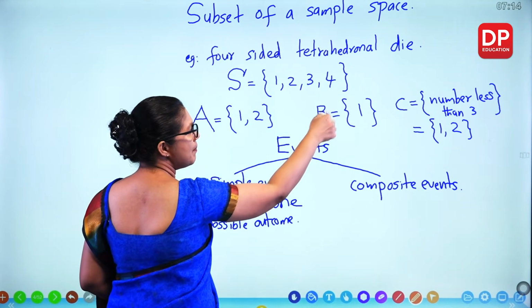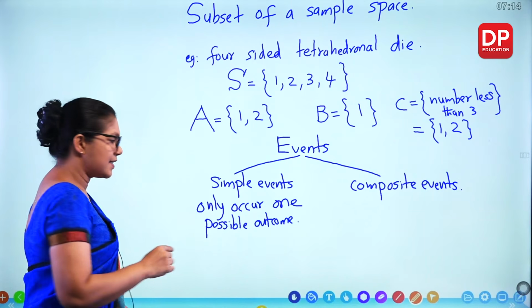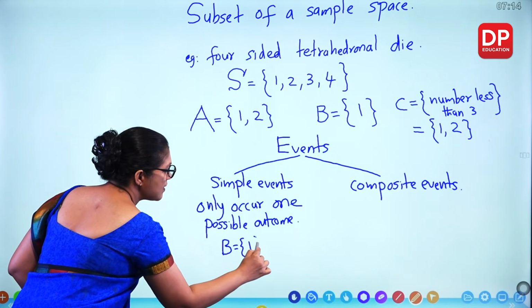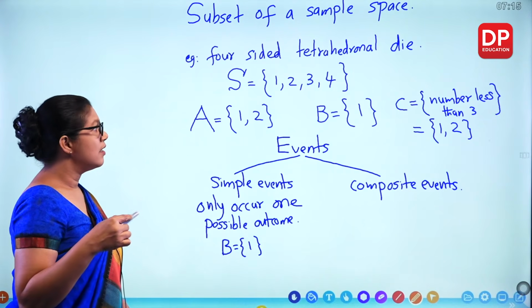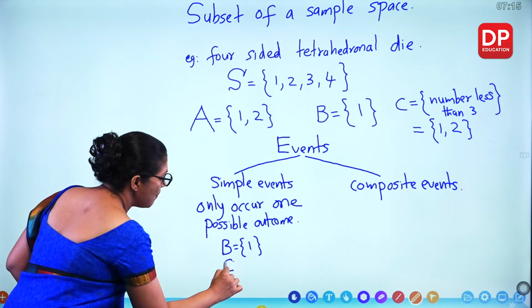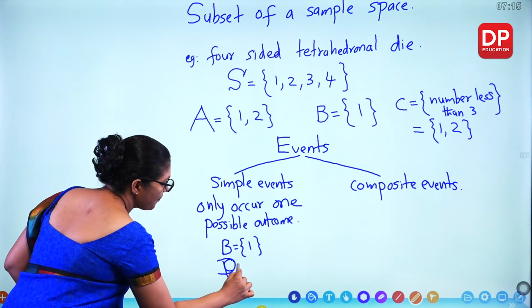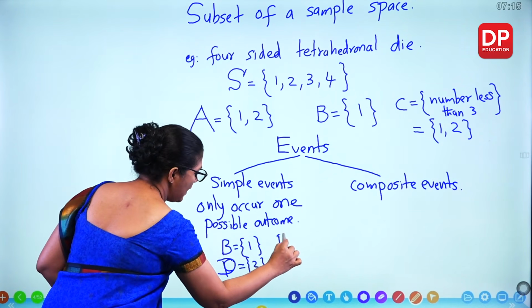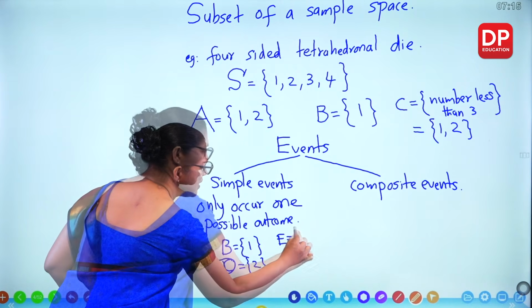So here B is a simple event. I can write B, getting 1, is a simple event, or getting 2 is a simple event. I'll label it as D. Getting 3, E is an event.